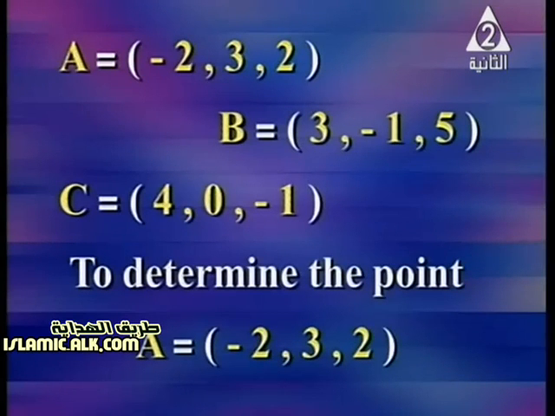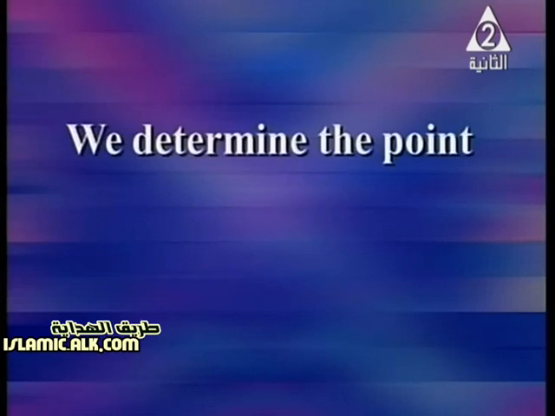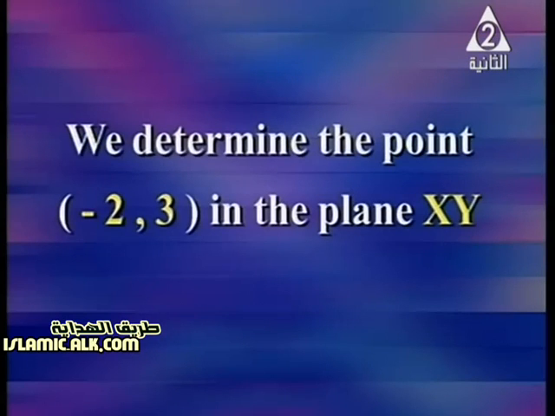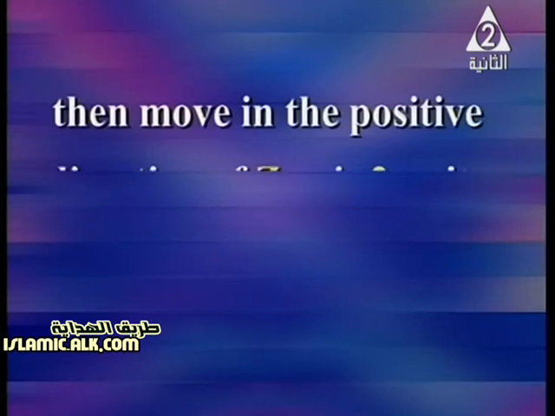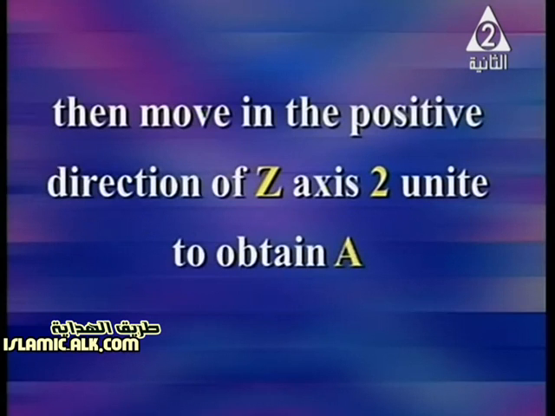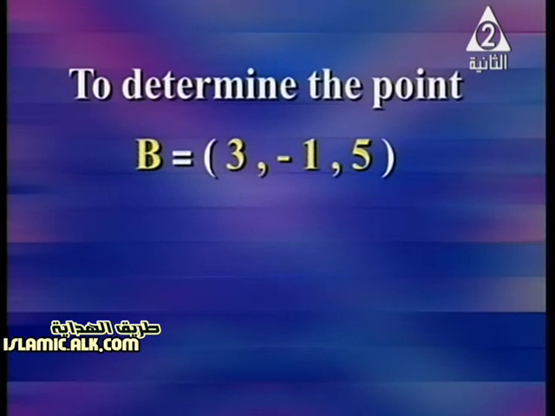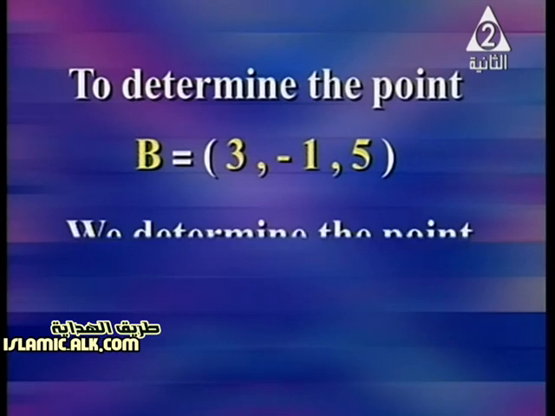To determine point A: -2 in x, 3 in y, 2 in z. We determine the point (-2, 3) in the plane xy. After that, move in the positive direction of the z axis 2 units to obtain the point A. To determine the point B (3, -1, 5), how to determine it, student?